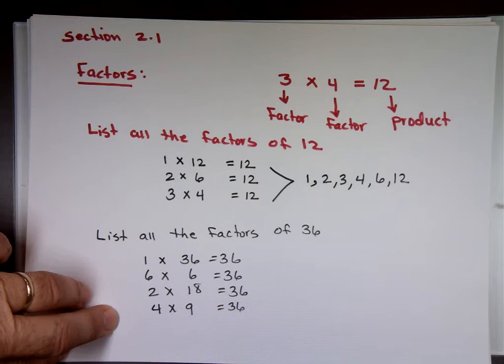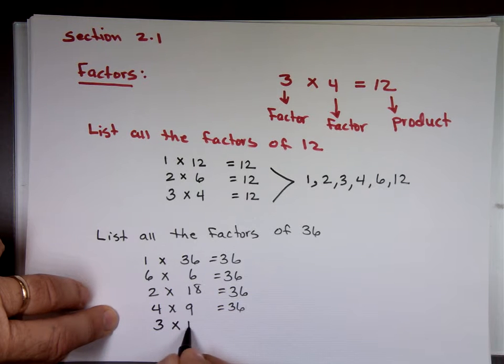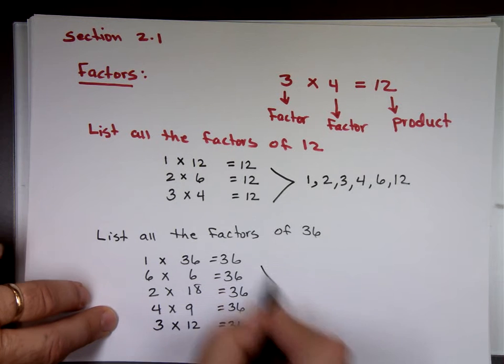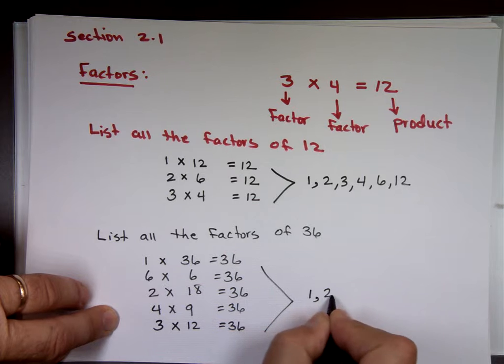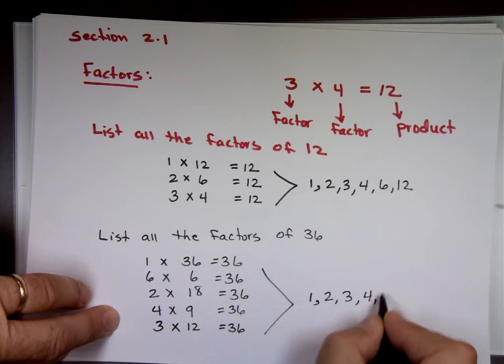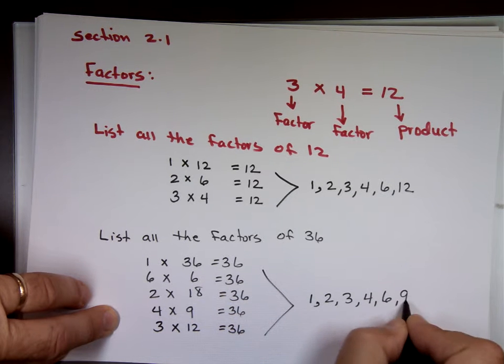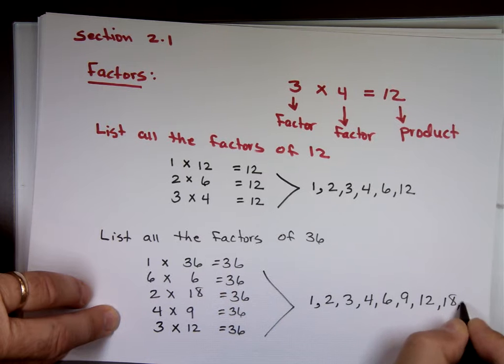Nope, 2 times 18 is 36. 3 times 12, right? That's also 36. And I think that's all of them. So when you list all the factors of 36 from small to large: 1, 2, 3, 4, 6, 9, 12, 18, and 36.